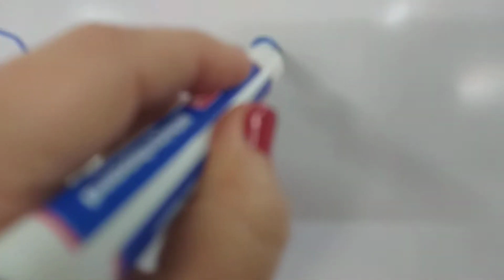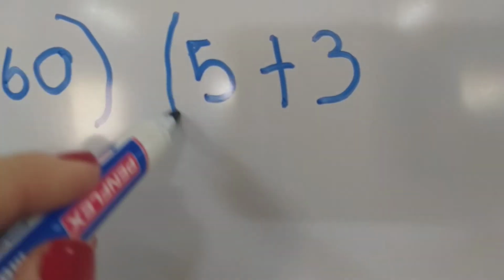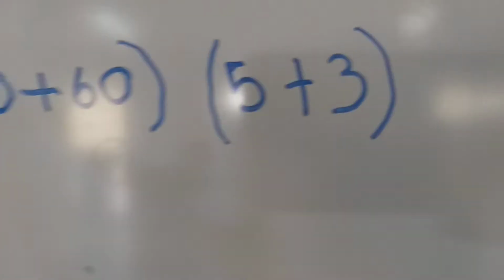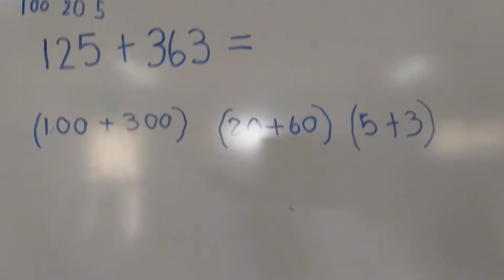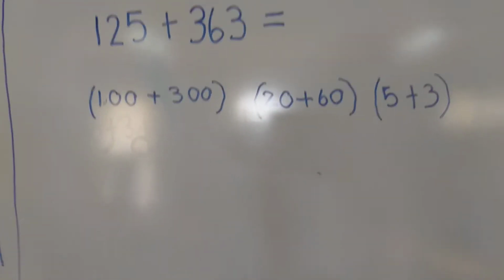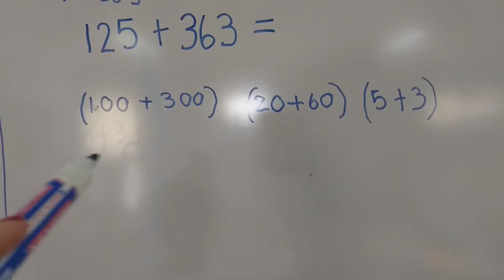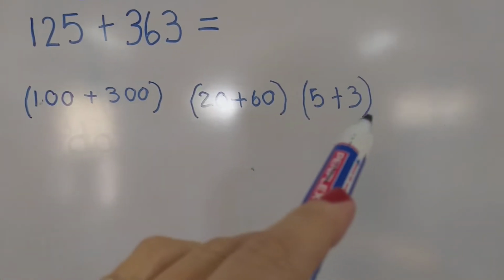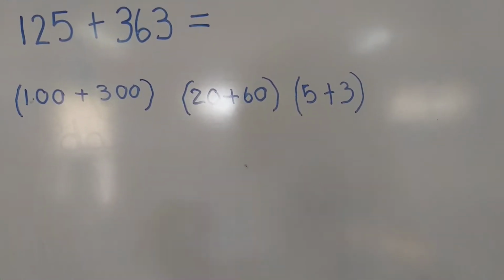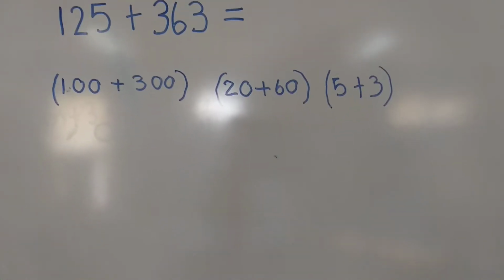So 5 plus 3. If I stand back, you can see the hundreds group, the tens group, and the units group. Now you can add them up in their own little groups.